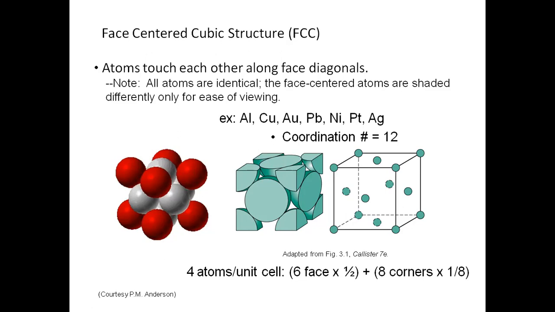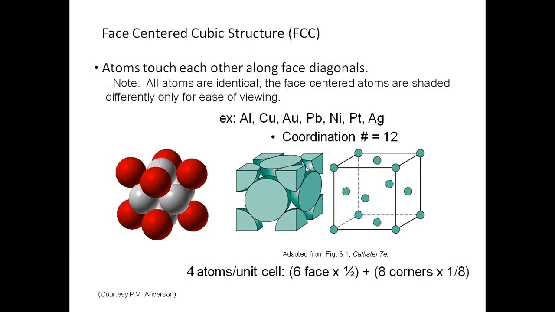So on each face, we have half an atom. So 6 times half gives us what? 3. It means that the halves collected from the 6 faces, when you put them together, make 3 whole atoms. So 3 plus the 1 atom, the 8 times 1/8, gives us a total of 4 atoms in the unit cell.